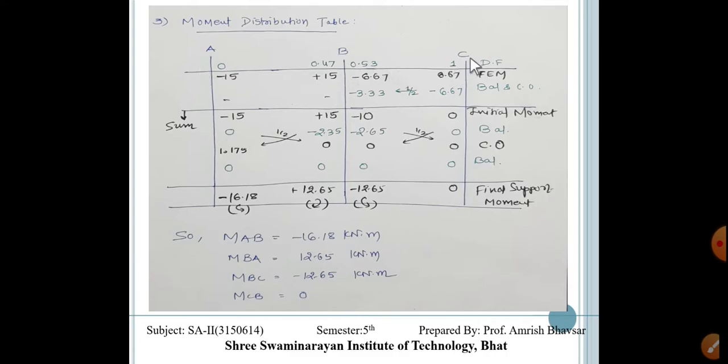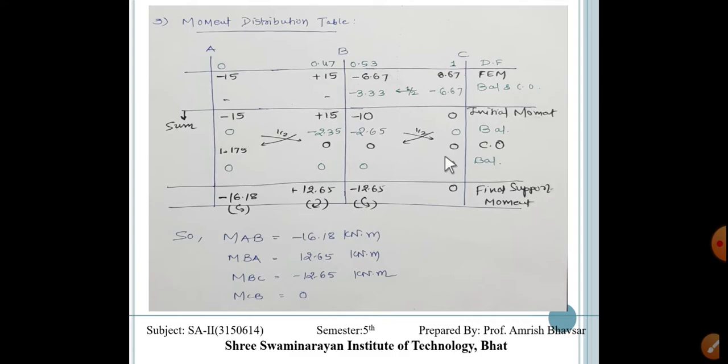These distribution factors come from the calculation we discussed. Now the fixed end moments, which we have already calculated: A to B is minus 15, B to A is plus 15, B to C is minus 6.67, and C to B is positive 6.67.